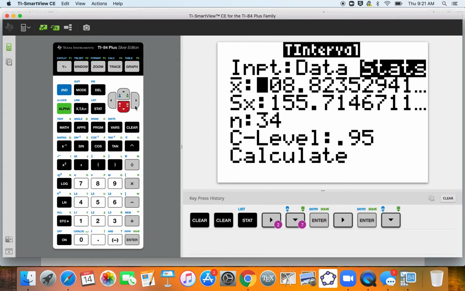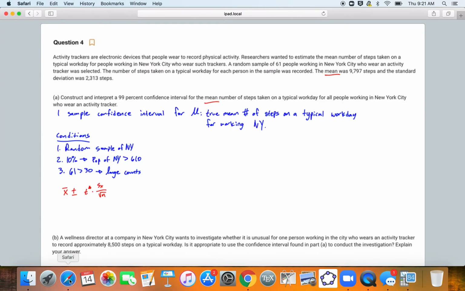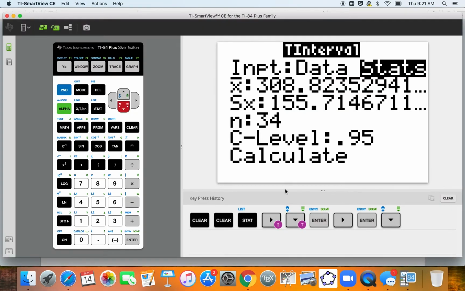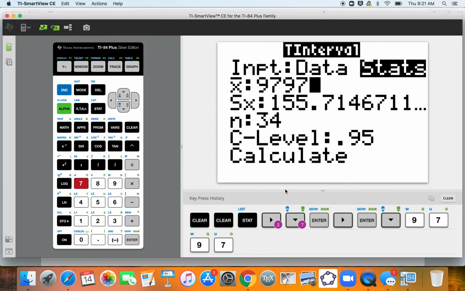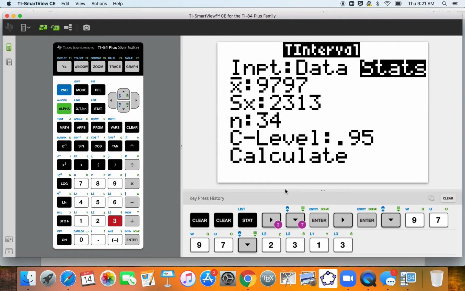And our sample mean was what? Oh boy, I already forgot. 9797. And our sample standard deviation was 2313. And our sample size was 61.